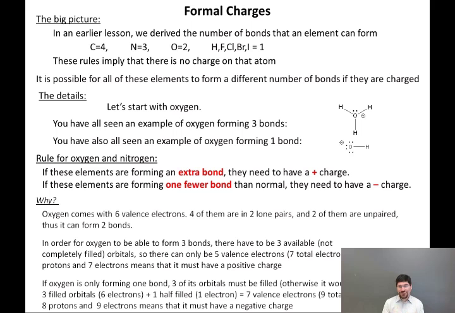But if there are more electrons around it, such that 3 of its orbitals are completely filled, that's 6 electrons, there is 1 half-filled orbital, that's 1 electron, and therefore it has a total of 7 valence electrons. Again, adding in the core electrons, that oxygen would have 9 total electrons. 8 protons and 9 electrons means that it must have a negative charge.